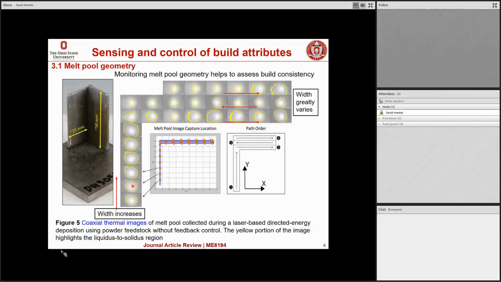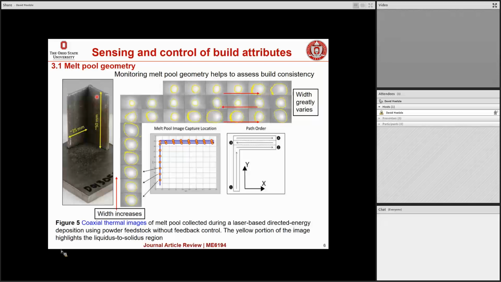Here is the y-axis, this is the x-axis. You can see here, this is the actual picture, this is the y-axis, here is the x-axis. Along the positive y direction, we see that the melt pool width increases, but along the x-axis the width varies greatly.